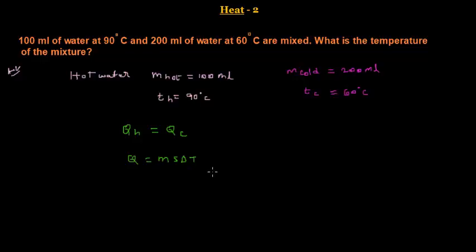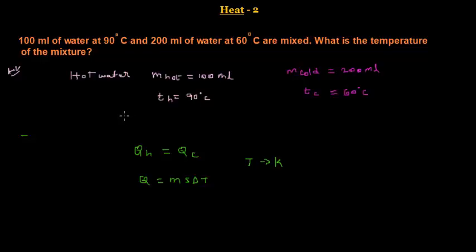Here instead of Q H, we will write down the values of m H, s and delta T. Let the equilibrium temperature which is obtained be capital T. Capital T indicates the temperature in Kelvin. So let us convert the T hot and T cold also into Kelvin.